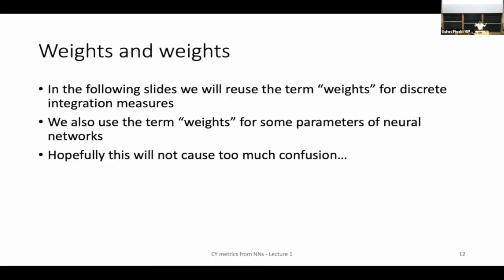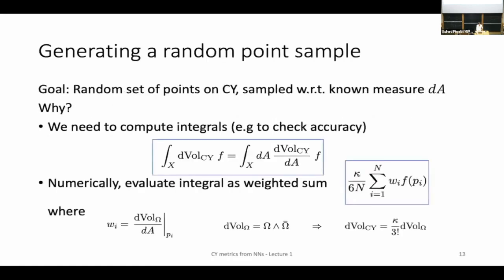What is a model in machine learning is not the same as what is a model in physics. What's weights in one part of this story is not weights in another part of the story. So I just wanted to flag this, that this is a source of confusion, and one should be a bit mindful about what kind of words are used. I should really have used mass, that would have been better.